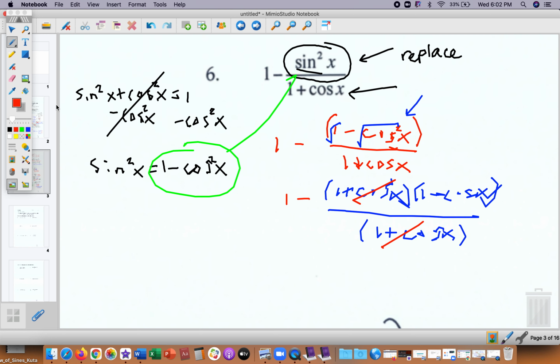And then we're left with the 1 that was in front minus what we had in our numerator, which was the expression 1 minus cos.